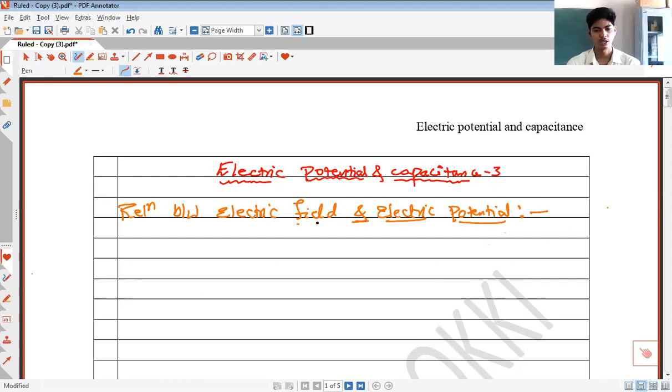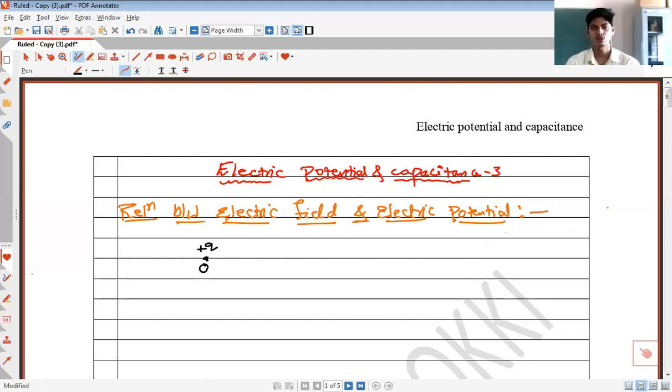So to obtain a relationship between electric field and electric potential, we will consider a source charge plus Q. See, wherever the concepts of electric field and electric potential arise, it is important that you consider a source charge. A source charge is always responsible for electric field and electric potential. So let us suppose plus Q be a source charge placed at point O in vacuum, right?